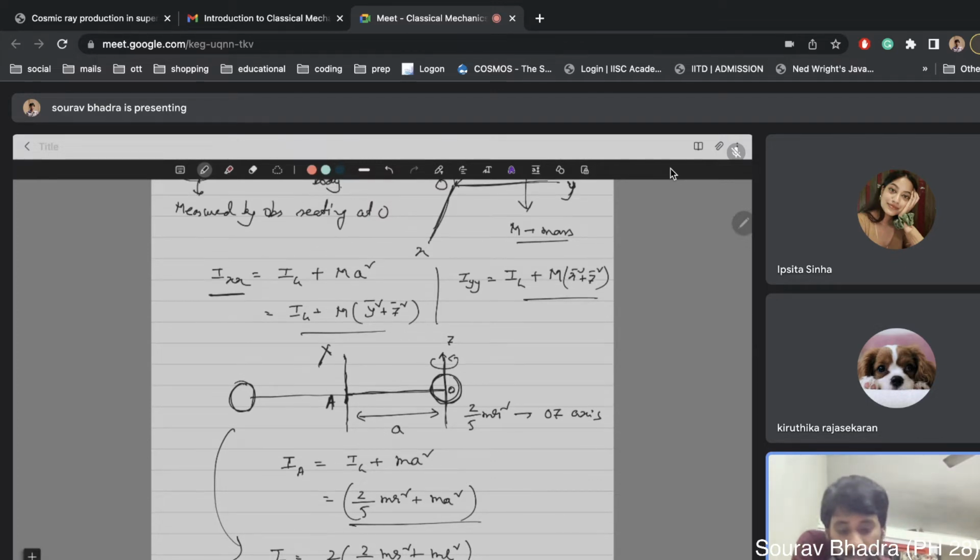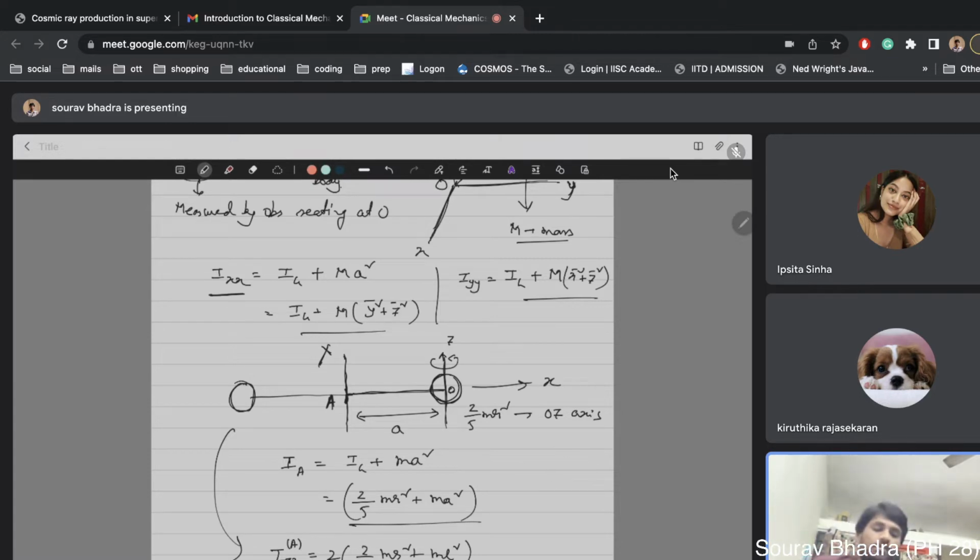One thing to mention is that this IA is actually Izz at the position of A. You can think of it like this. Similarly, you can calculate Ixx with respect to position A. Izz is actually along the x axis, let us say.